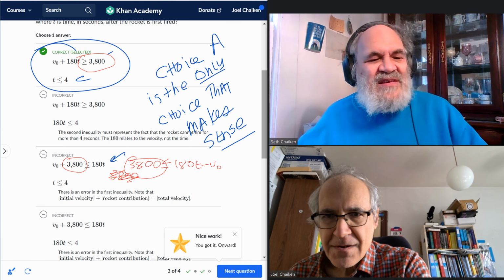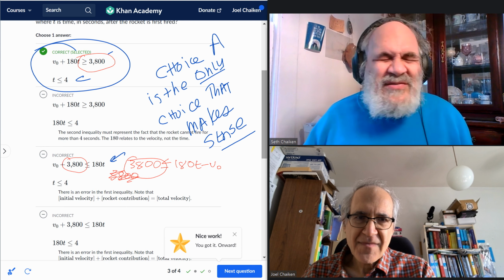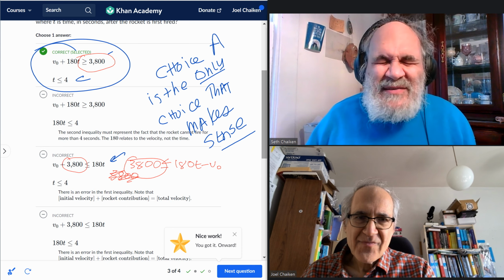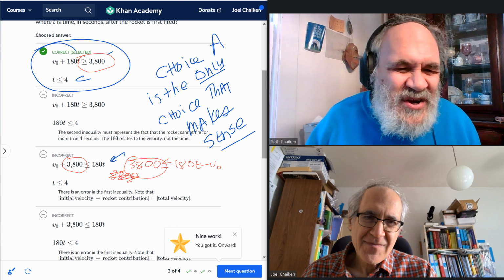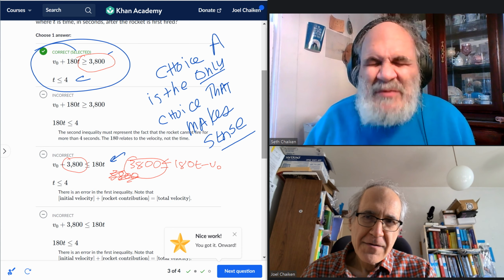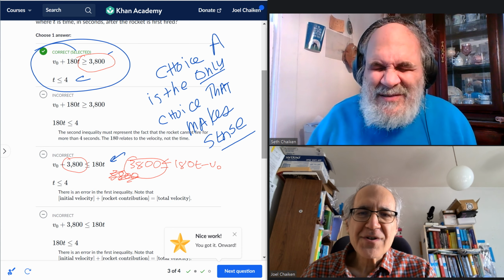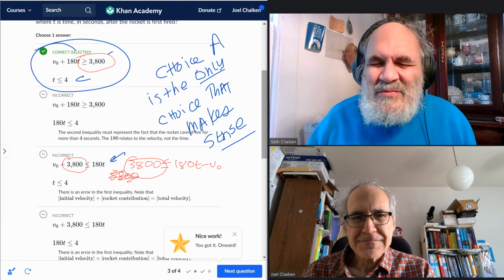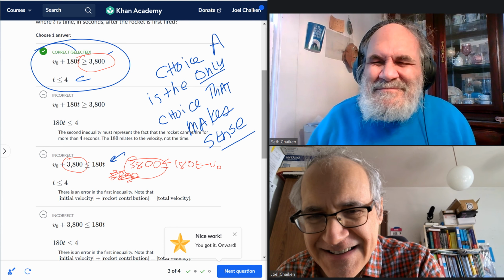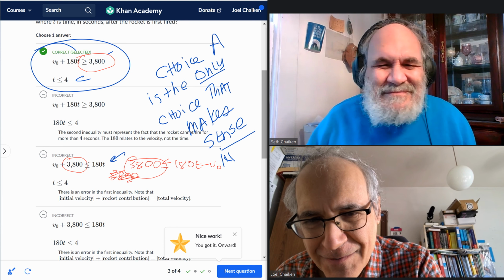Sense in this sense means consistency with what the problem says. There are other problems for which choice C will make sense, but whether it makes sense doesn't make sense without specifying what the problem is. Fine, it makes sense in the context of this problem.